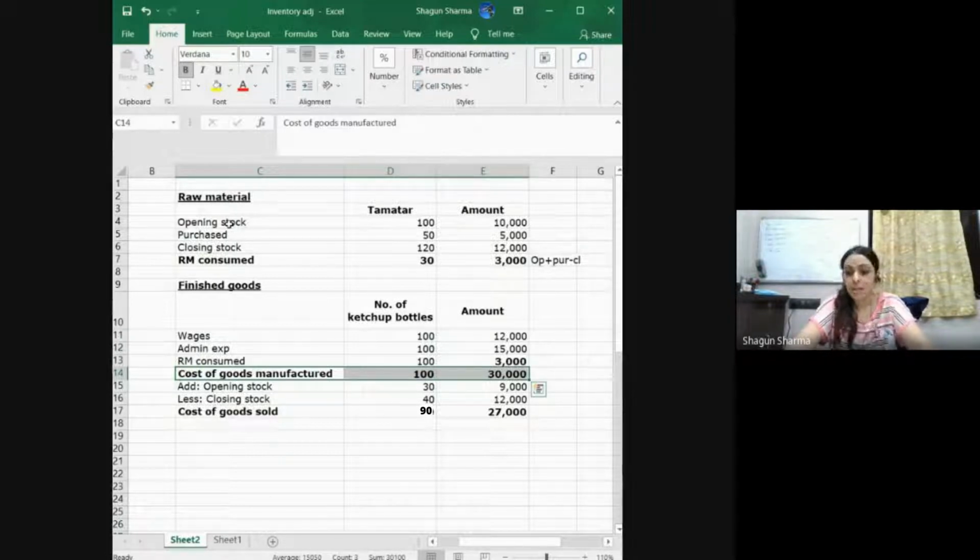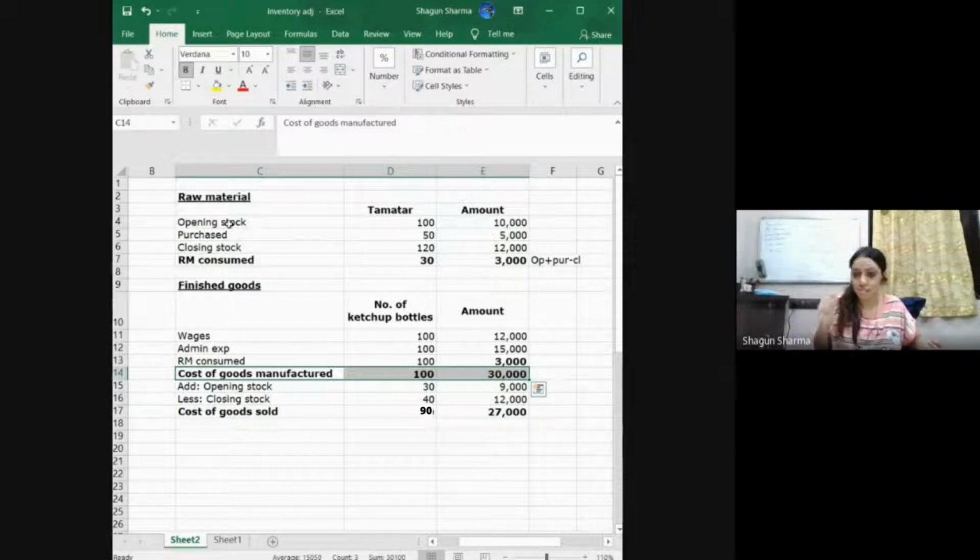Now, when I'm calculating my profit or loss, I will compare my costs with my sales. Sales is my revenue. From it I'll remove my costs to find my profit. Now, suppose I manufactured 100 ketchup bottles, but I did not manage to sell all 100.